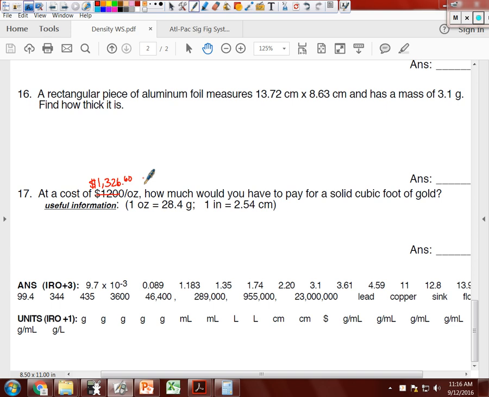Okay? So at a cost of $1,326.60 per ounce, how much would you have to pay for a solid cubic foot of gold? Now, what is always my first question? What's the question?